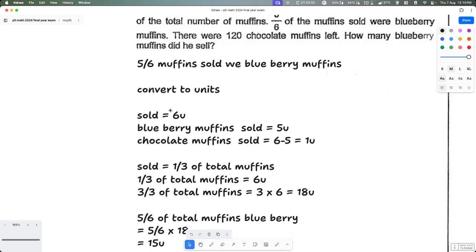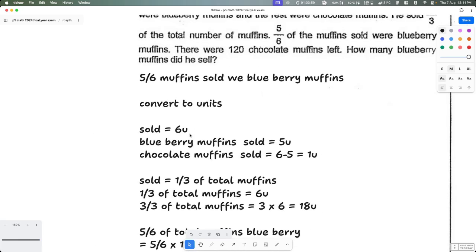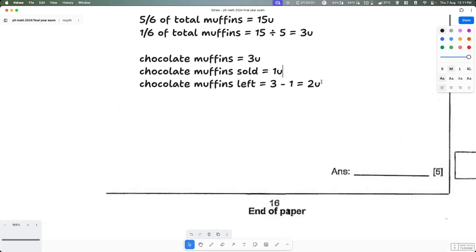All right, so how many blueberry muffins did he sell? Okay, so we know we are left with 120, so 2 units equal to 120. 1 unit is equal to 120 divided by 2, which is 60.